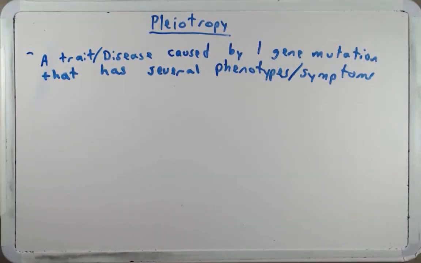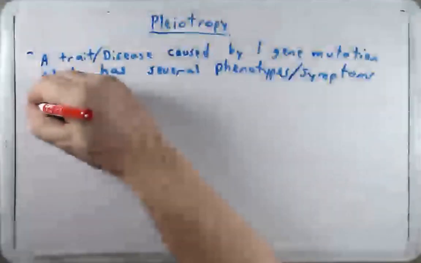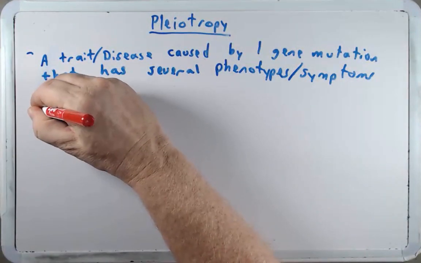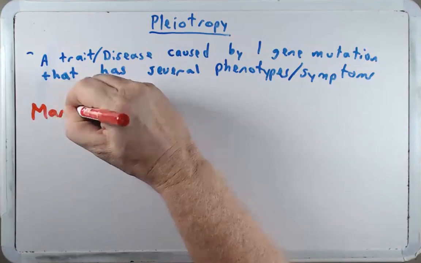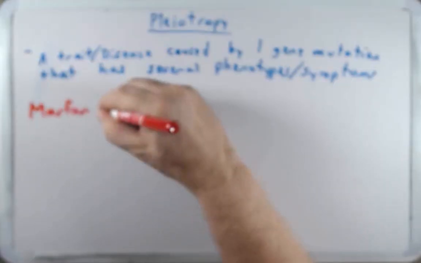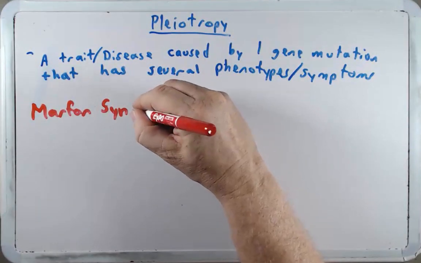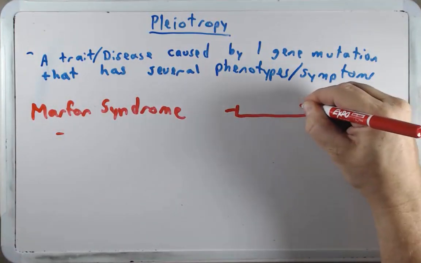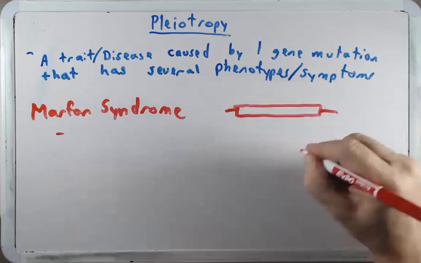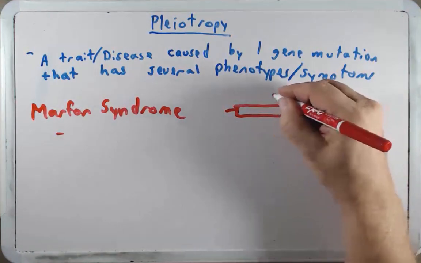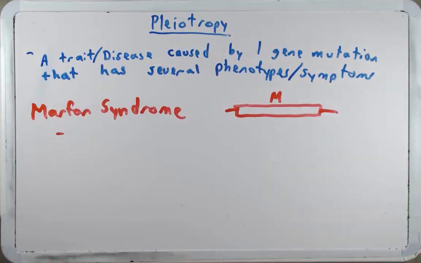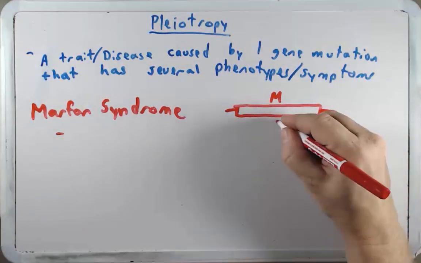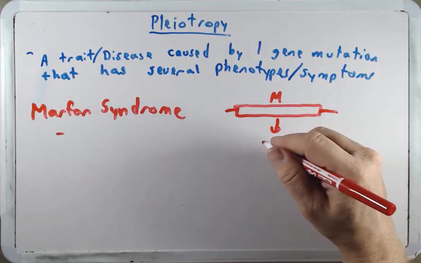There are several examples of pleiotropic traits or diseases, but the one I want to talk about with you today is a syndrome called Marfan syndrome. Now to talk about this, let's go ahead and just draw a diagram here of a gene. This gene, which I'll just put down as big M here, when it's not mutated, it functions in making a protein.